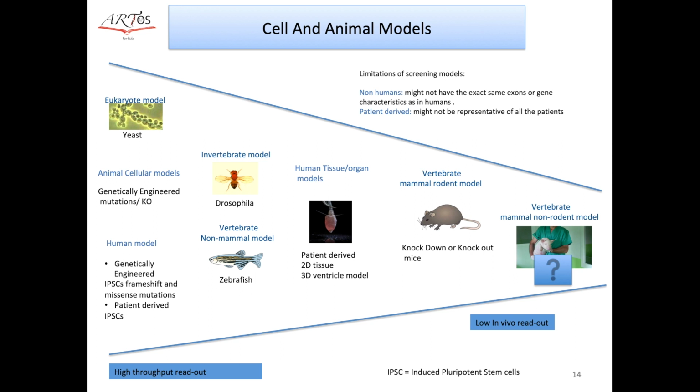The complexity increases as you reach the phenotypic model based on iPSC and even human iPSC. Animal models vary as well on the level of throughput, from non-vertebrate to different vertebrate models with non-mammals, mammal rodent, and at the end, non-rodent mammal.